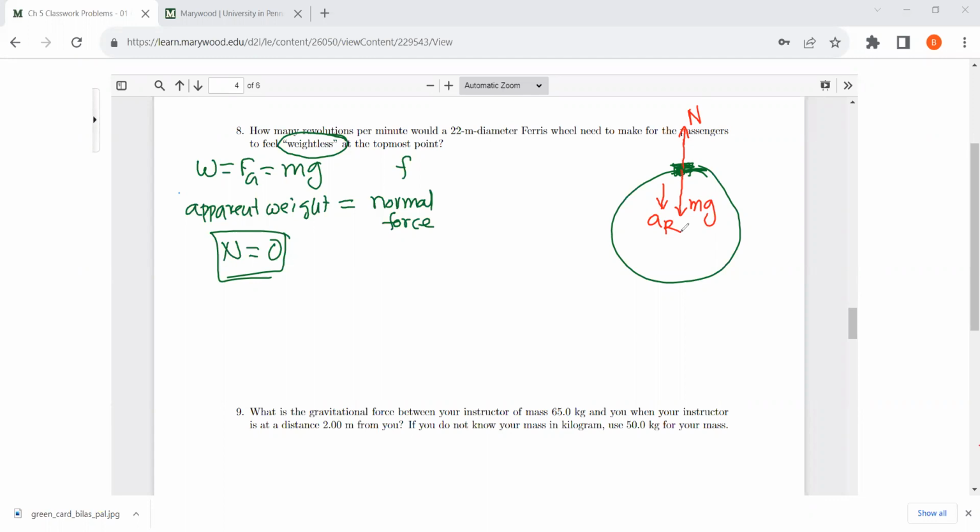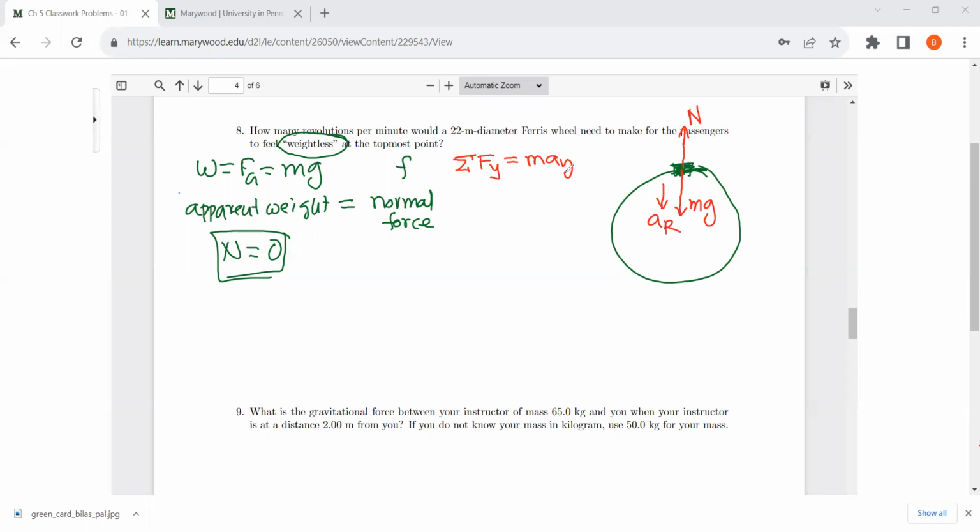Now, if I solve this problem using Newton's second law, I should write something like this. All the components of the forces and acceleration are along the y direction, so we just need Newton's second law y component.